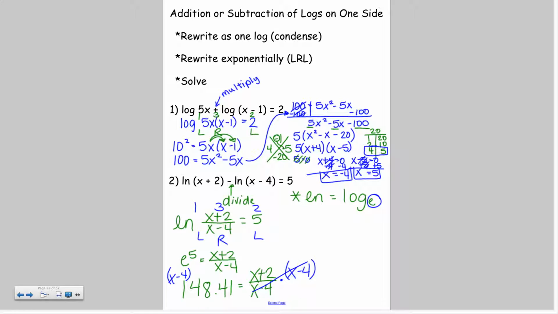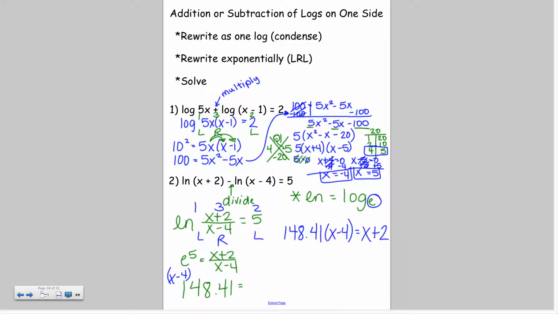And that's going to cause this to cancel out. And then I'm going to be left with 148.41 times x minus 4 is equal to x plus 2. All right, I'm going to erase my work right here. You should have it down, but I'm going to erase this just so I have room to finish this.